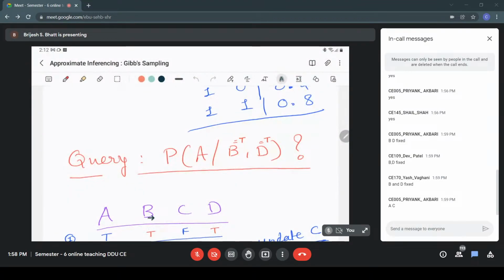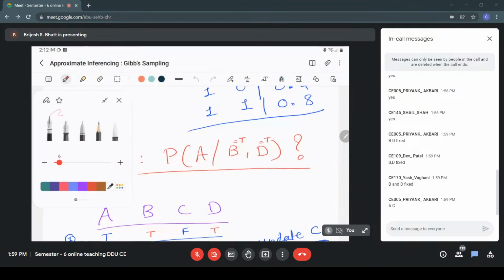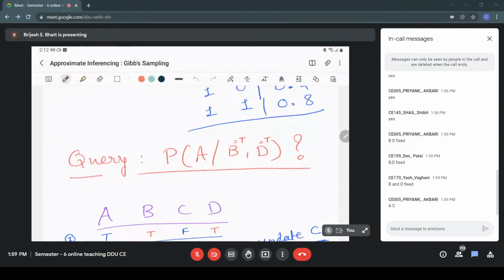We want to decide value of A. So in other words, what we want to do is, we want to calculate probability of A is equal to true given B is equal to true, C is equal to false, and D is equal to true.